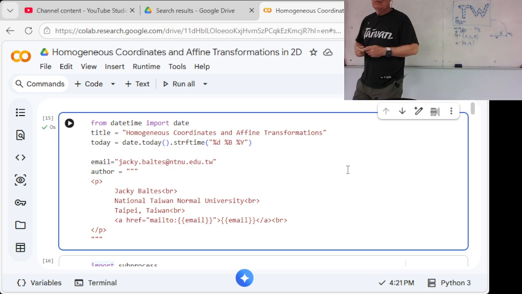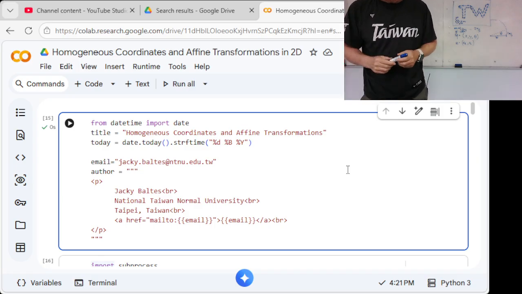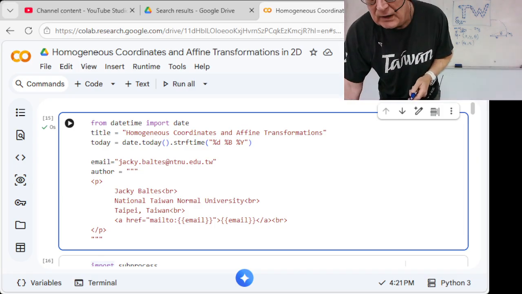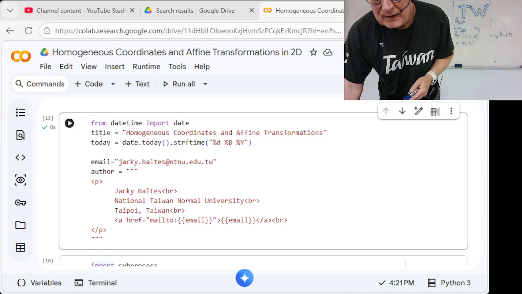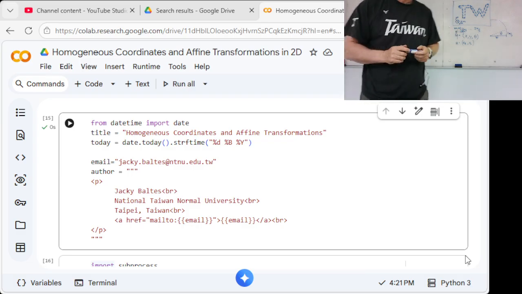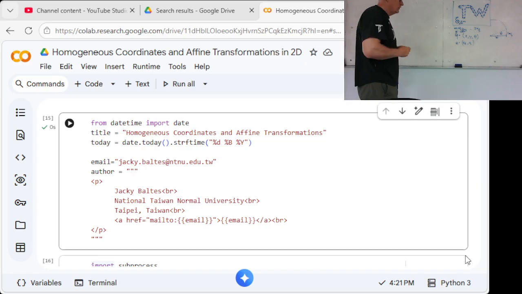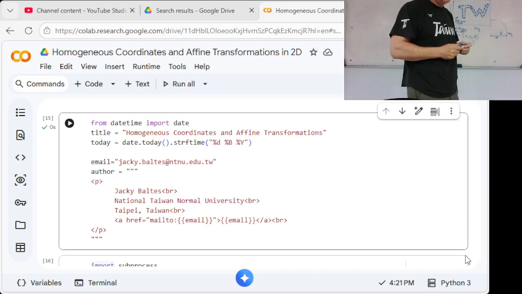Where we can try out a whole bunch of different path planning algorithms, path tracking algorithms later on.